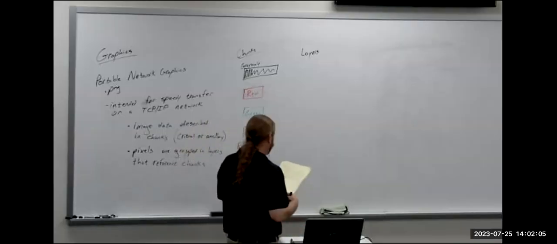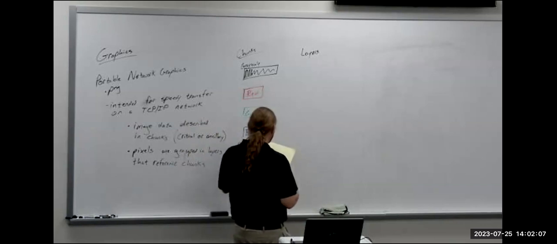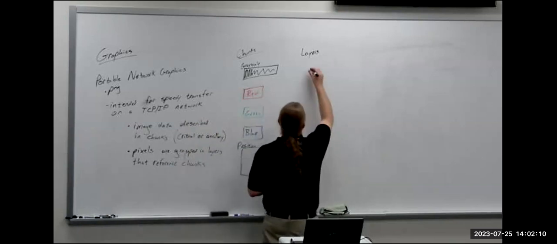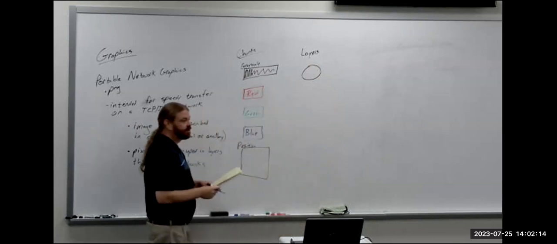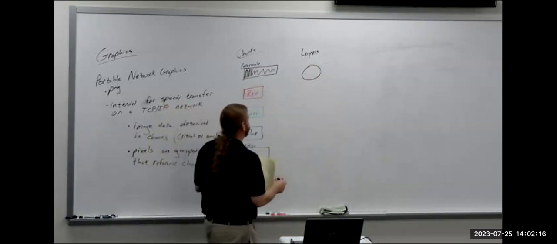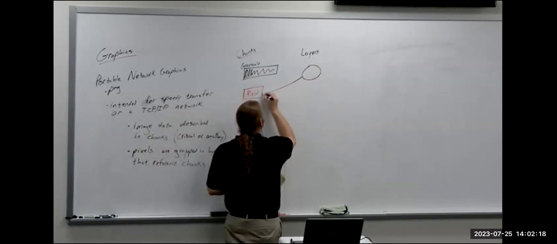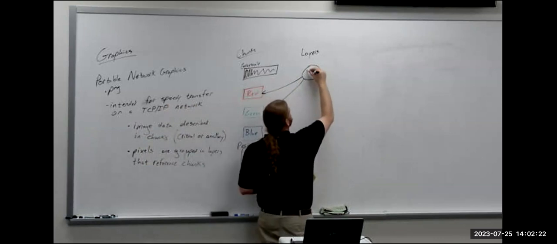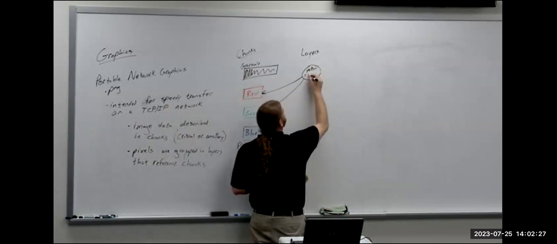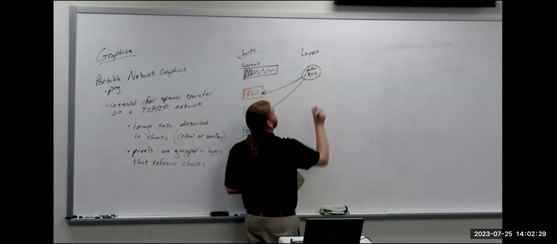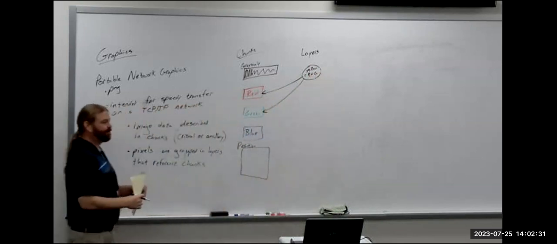So to represent that here, we have a layer that just forms a nice little circle. And this is going to reference the red and the green. So yellow equals red plus green, and then blue defines how bright it is.